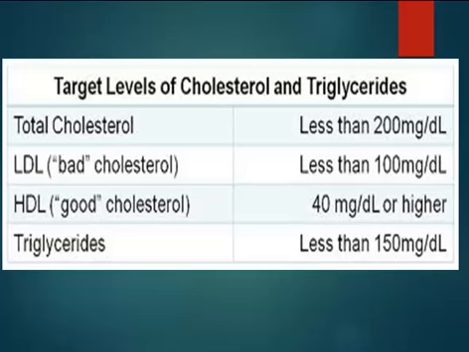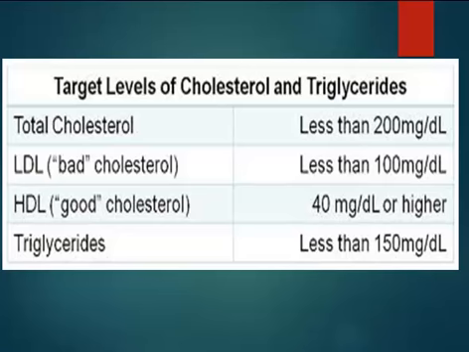And here, target levels of cholesterol and triglycerides, just a different kind of lipid that is dissolved and carried through our system by proteins. So our total cholesterol, usually less than 200 milligrams per deciliter. Now, if you are a previous survivor of a heart attack or stroke, sometimes this number can be moved to less than 150 milligrams per deciliter.